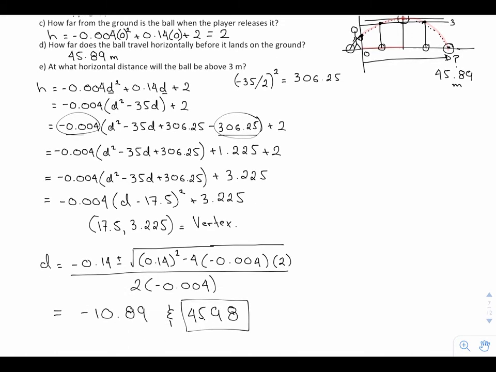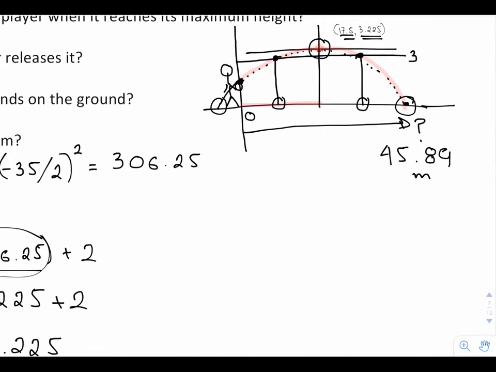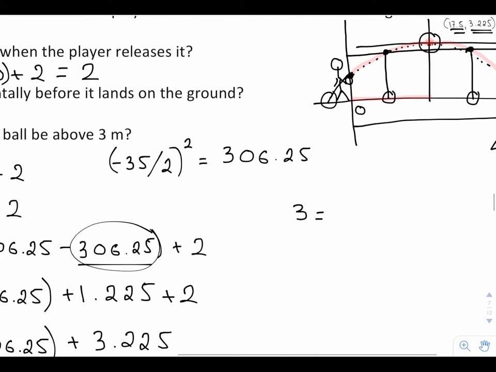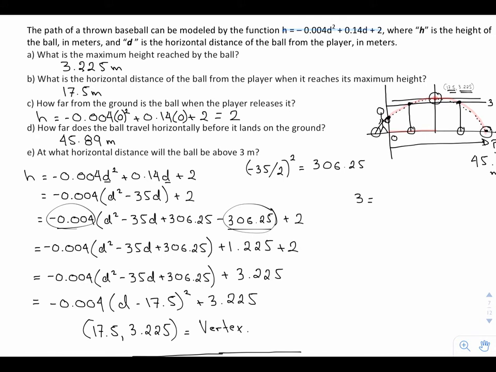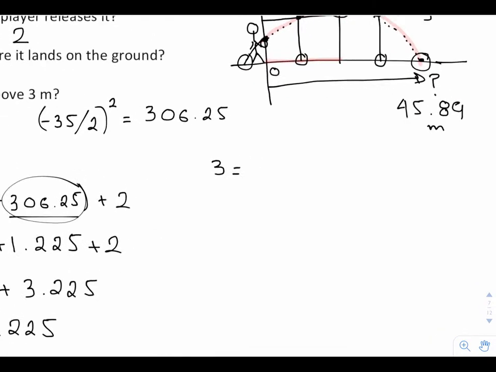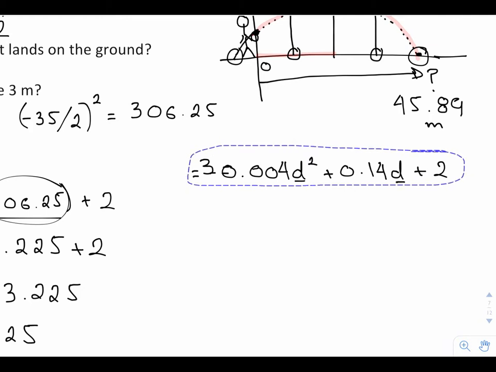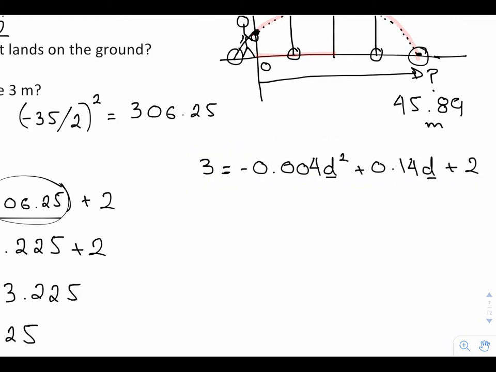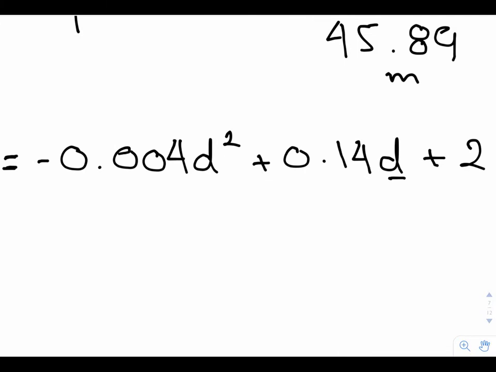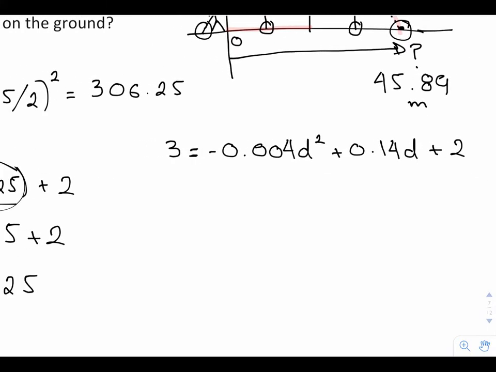What does that look like? So I'm going to put some space over here. I have my 3, that's my height, and then I just use the same equation. So let me get the equation from over here, copy it, and paste it right here. Get rid of these underlined d's. And what I'm doing is I'm trying to solve for d.